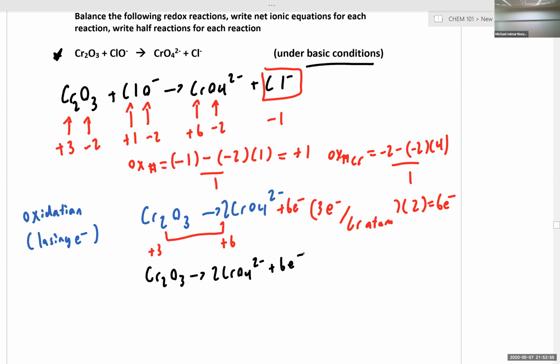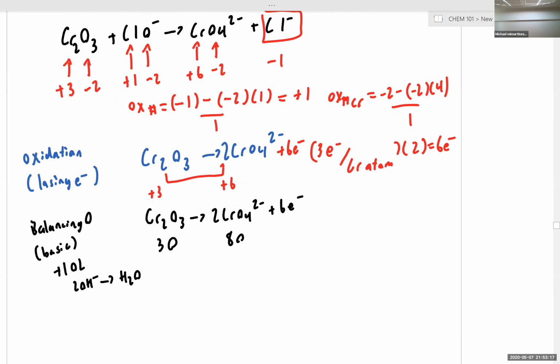Okay, so now as we notice, we have 8 oxygens on the left and 3 oxygens on the right. So if we're balancing oxygen under basic conditions, we know that if we want to add 1 oxygen to the left, we use the following pair: 2 hydroxides on the left, 1 water on the right.